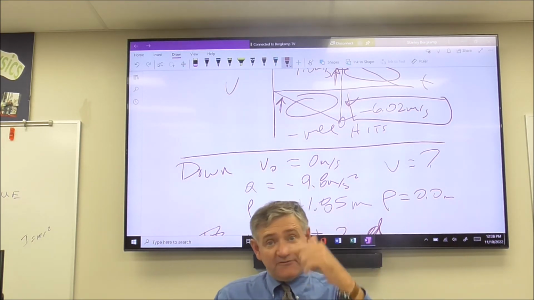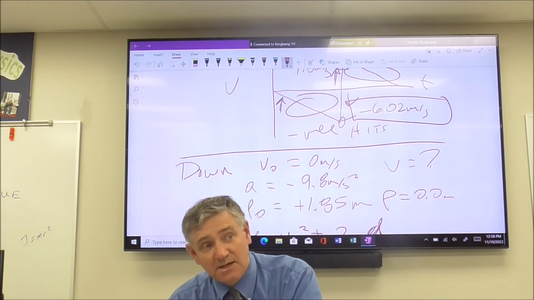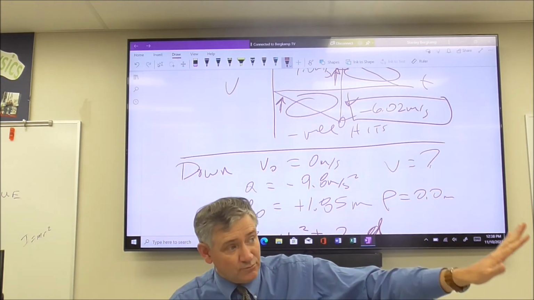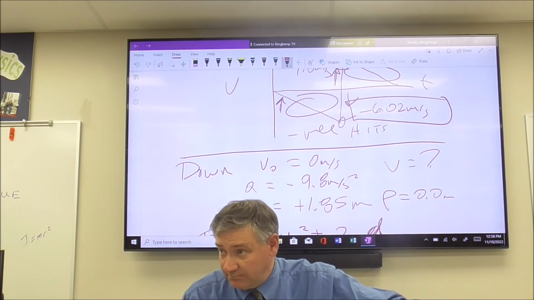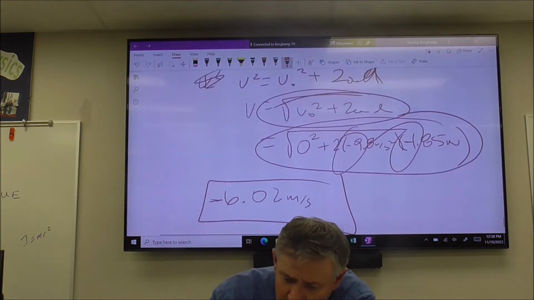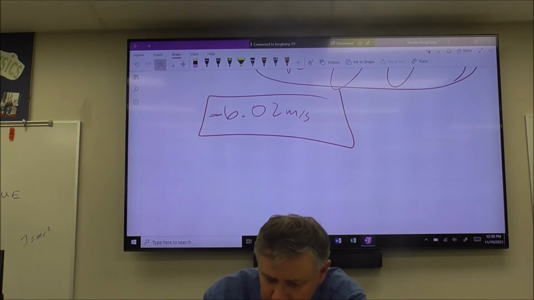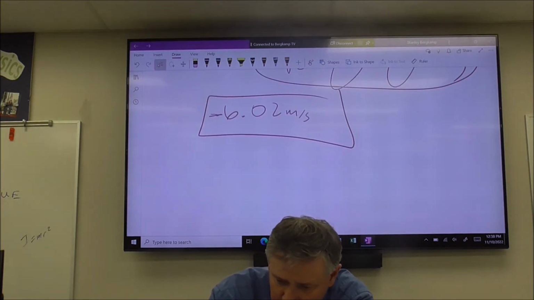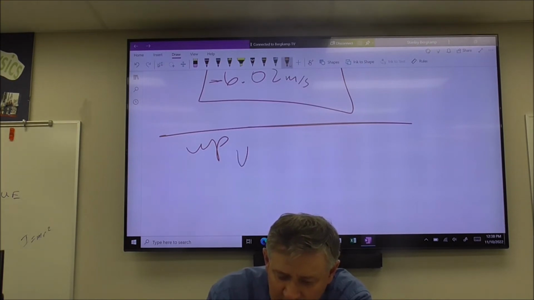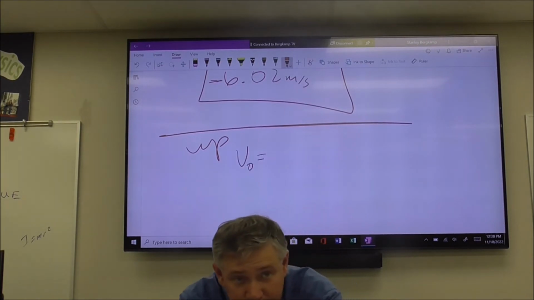So when I find my new velocity, it can't be bigger than 6.02. That at least gives me a reference to go from. All right, so on the way up, what's my initial velocity going to be?